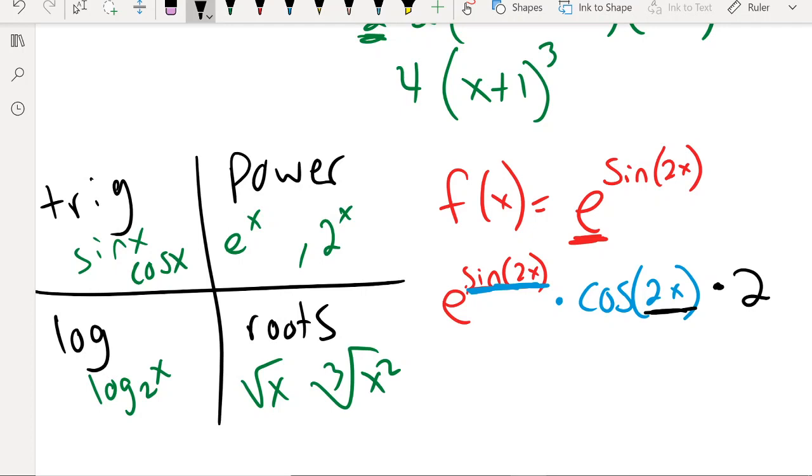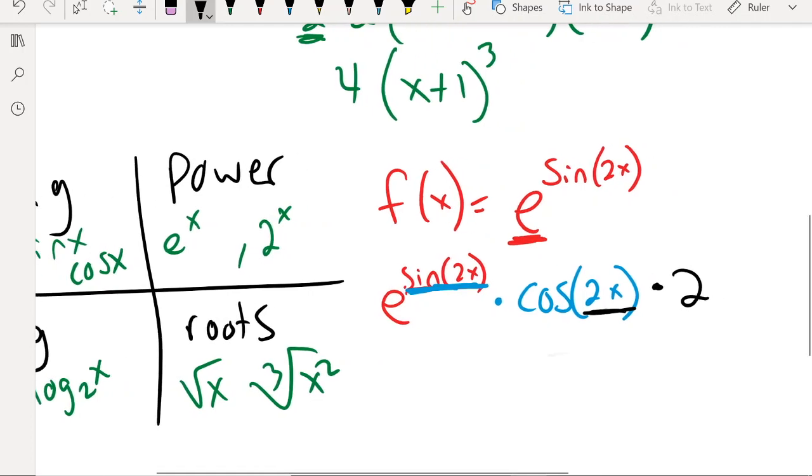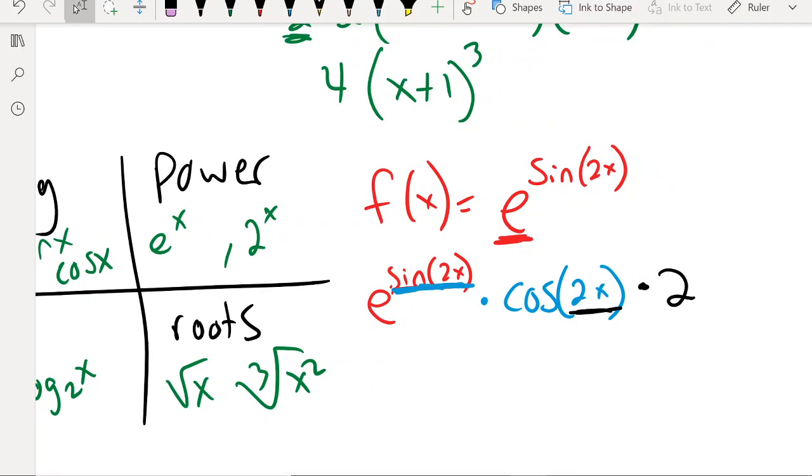If you take the derivative and you get 0, you went too far. You took the chain rule one too many times. Or if you get 1, because 1 is unnecessary, right? So if you get a derivative of 1 or 0, then you went too far. Go back a step, clear out your 1 or your 0, and that's your answer, okay?